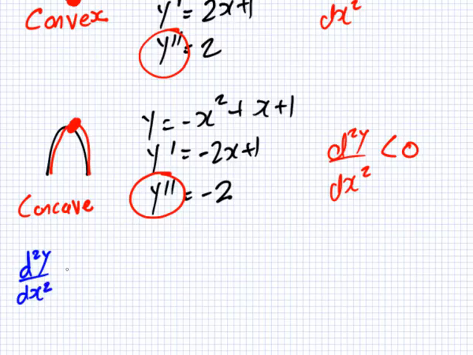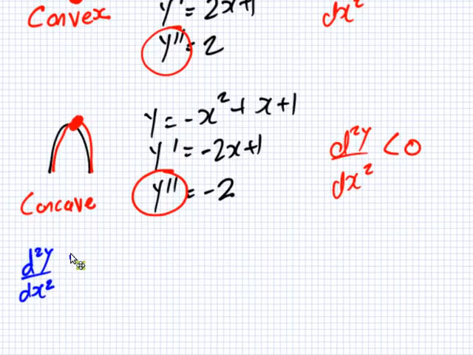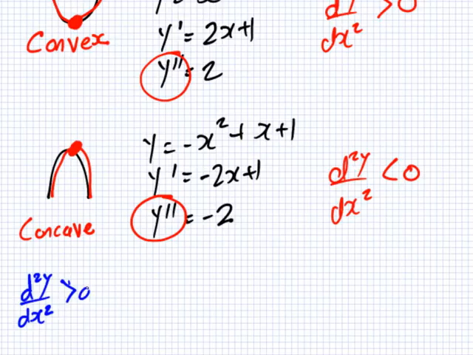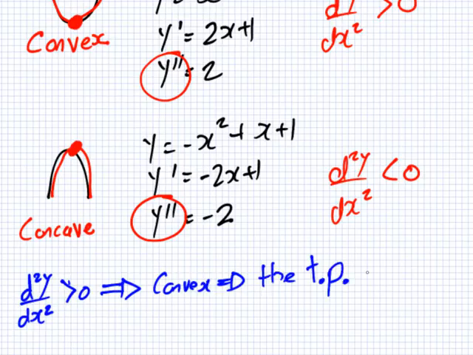So, if the second derivative is positive, that means it's convex, and that means the turning point is a minimum.